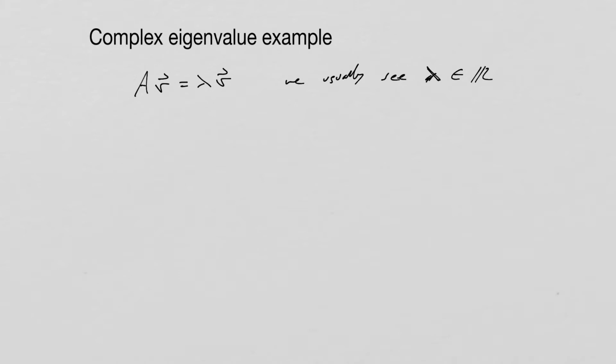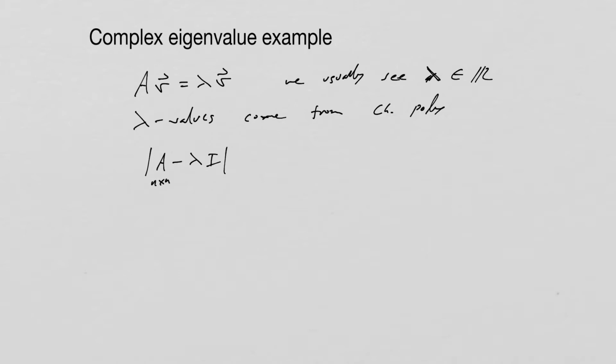But we know that the lambda values come from a characteristic polynomial, which is the determinant of A minus lambda I.